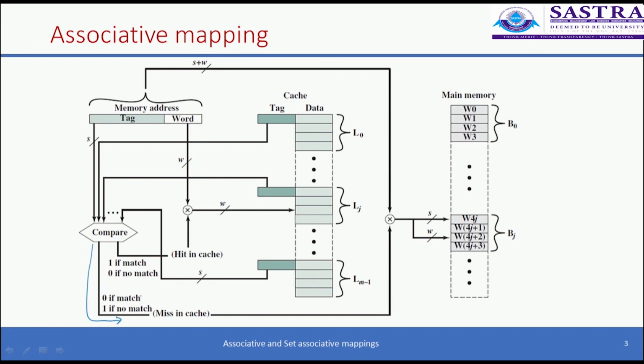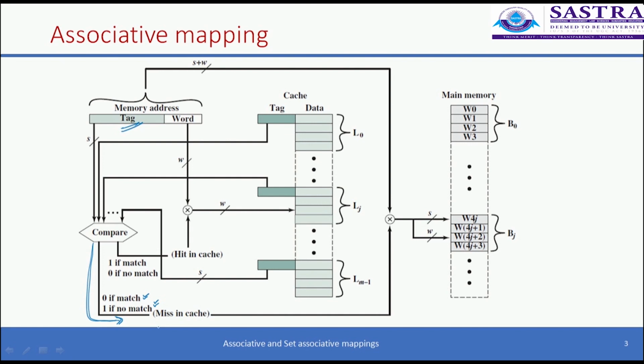Here the value for this branch is 0 if there is a tag match, meaning miss is 0, there is no miss. If there is no match, then this branch will have the value 1, since no tag is equal to the memory tag.